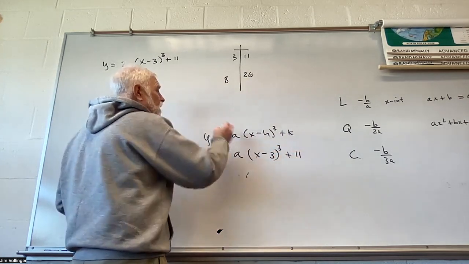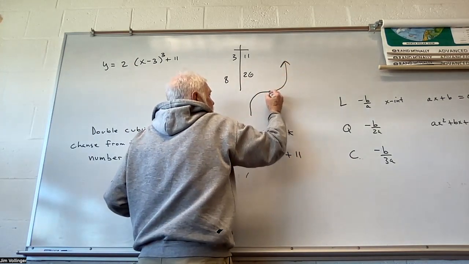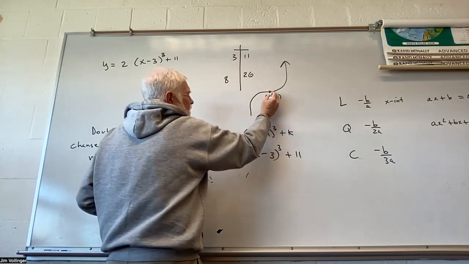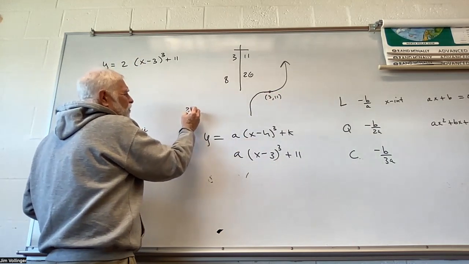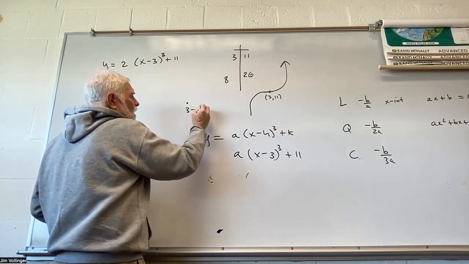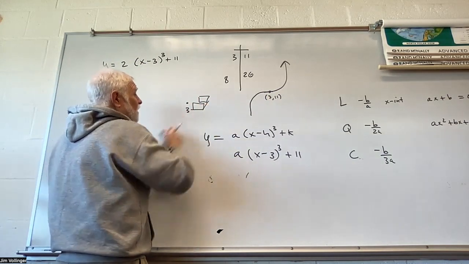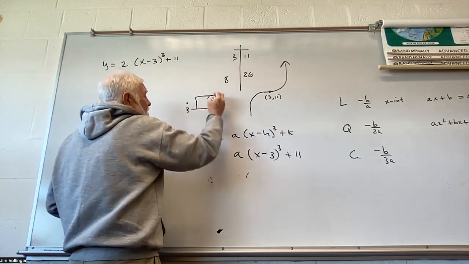And what we would get is a cubic that looks like this. 3 gets us 11. And notice it's pretty flat here, right? The reason it's flat there is from 3 to 3, there's no change in the cube. As I go to 4, I start to get a certain size cube. If I go to 5, it's a bigger one, right?